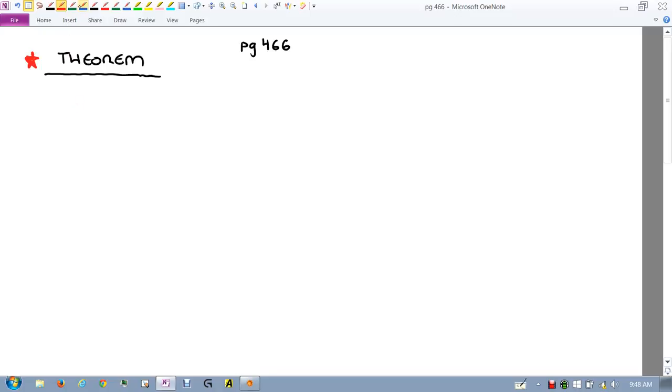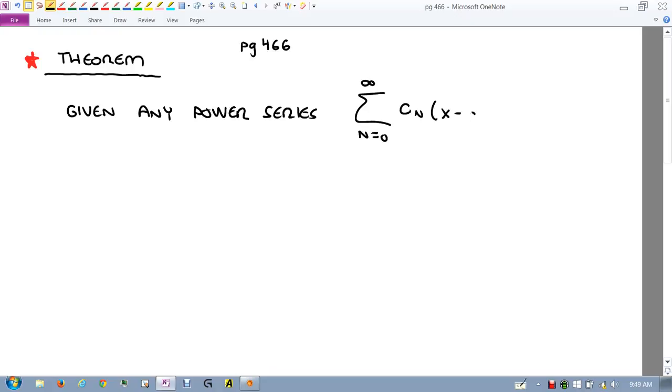Given any power series of the form sum n equals 0 to infinity c sub n times (x minus a) to the n. Given any power series, the question is convergence or divergence, right? That's the question. Convergence or divergence.